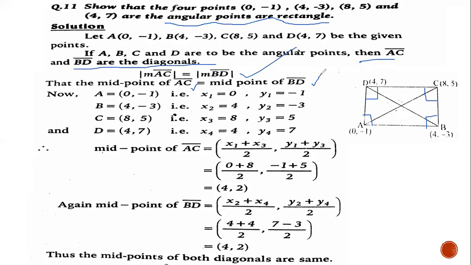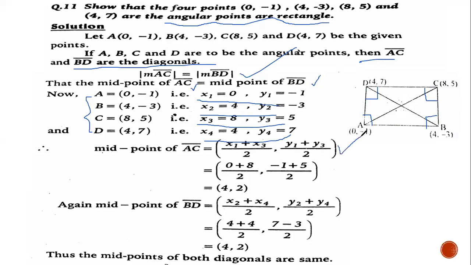So first we will find its formula. Here we have written down the data: the values x1, y1 from A, x2, y2 from B, x3, y3 from C, and x4, y4 from D. As we are going to find the midpoints, the midpoint is computed using the midpoint formula.